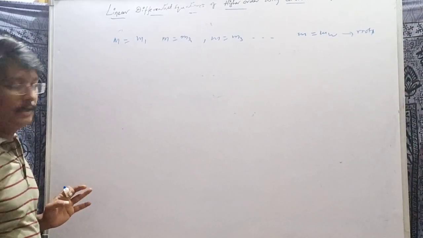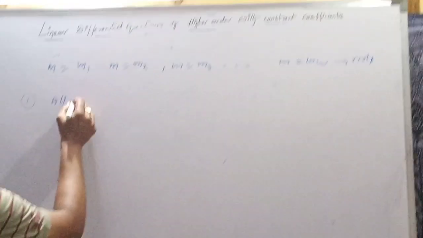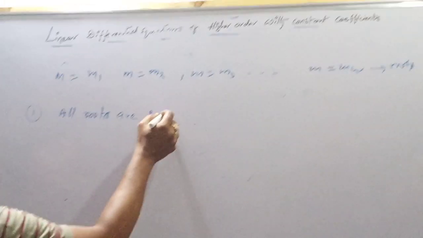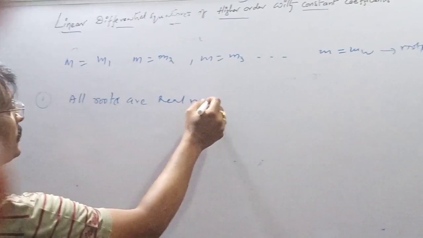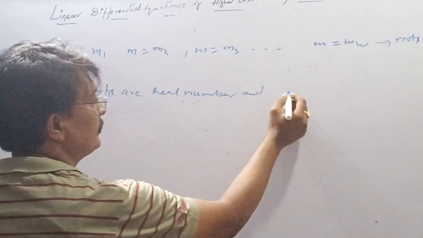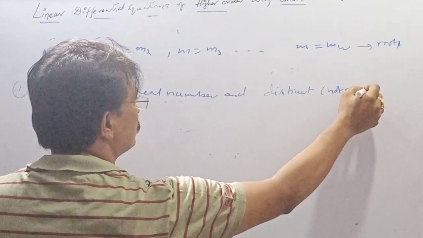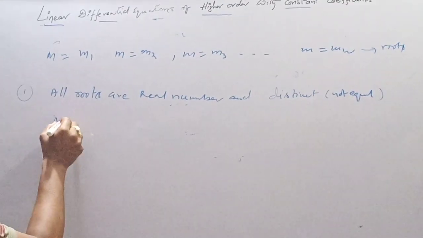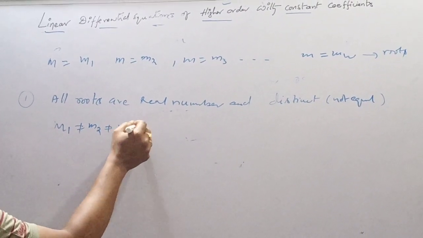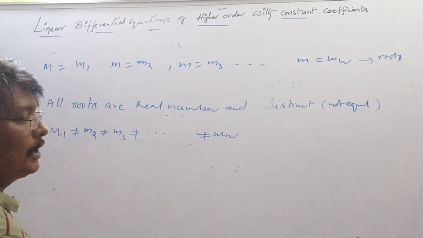Number one, if all roots are real numbers and distinct, not equal, that means m1 not equal to m2, not equal to m3, not equal to so on, not equal to mn.